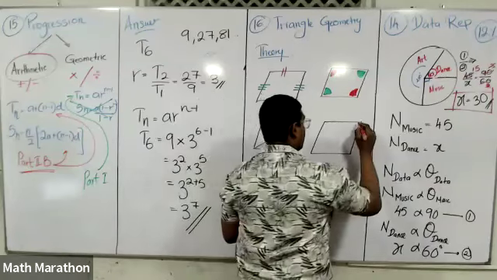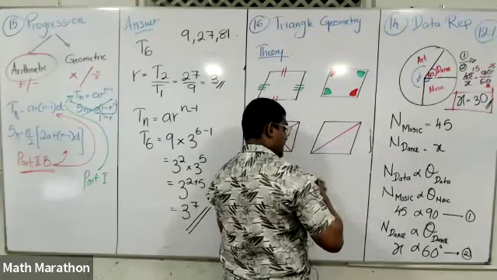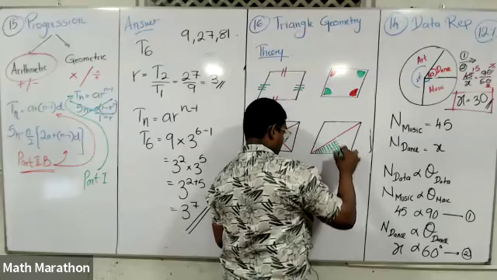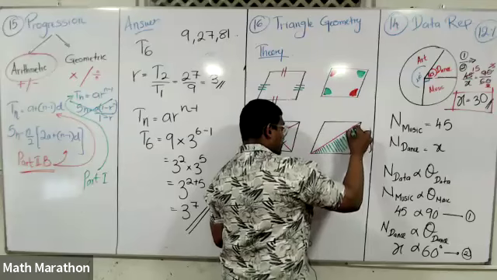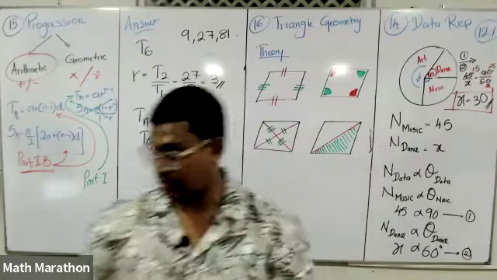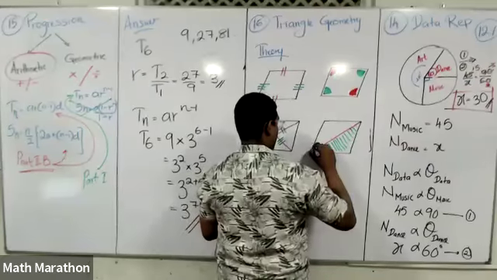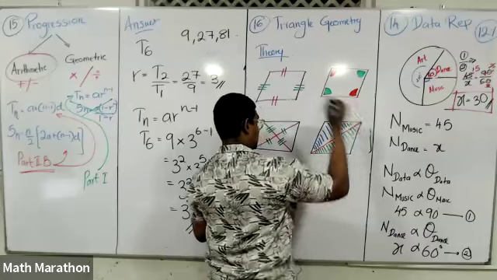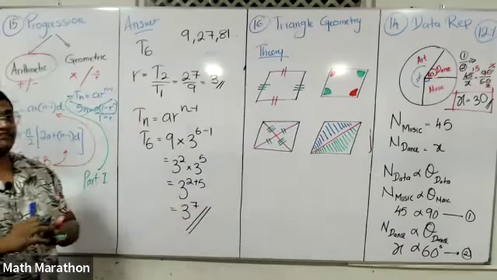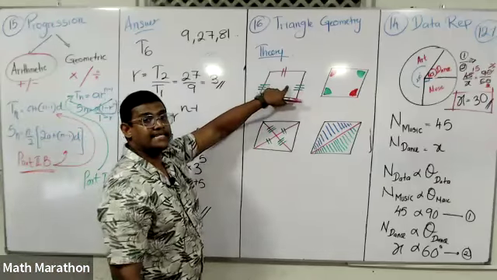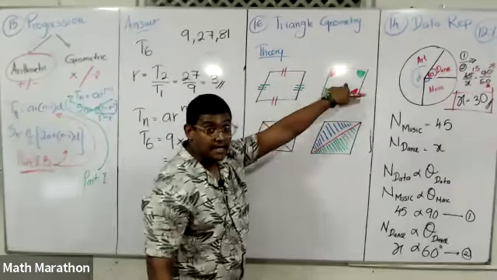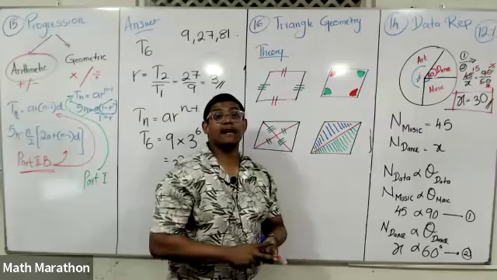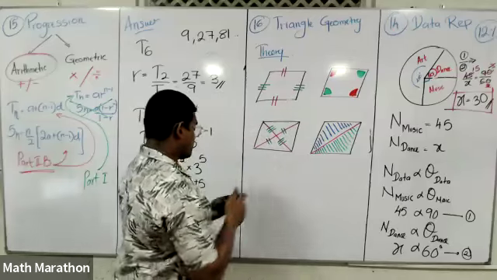And the next one, the diagonal bisects the area. This area is equal to the other one. These two areas are equal. So: opposite sides are equal, opposite angles are equal, diagonals bisect each other, and the diagonal bisects the area. Okay, those are the ones.